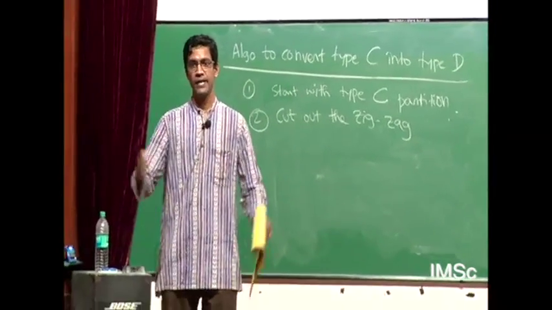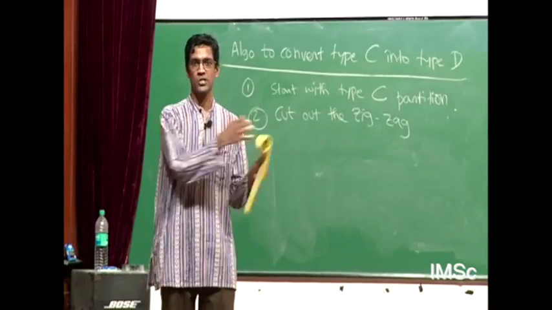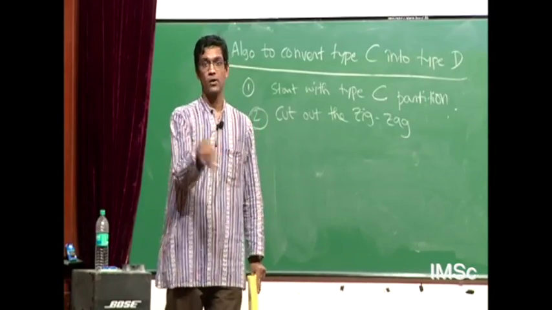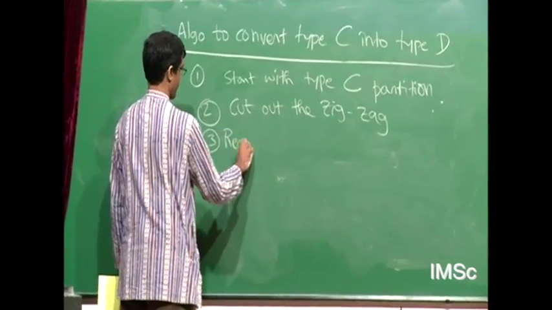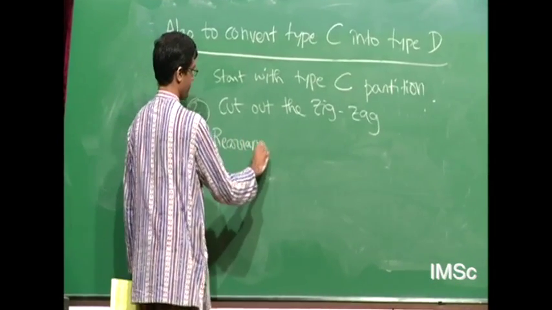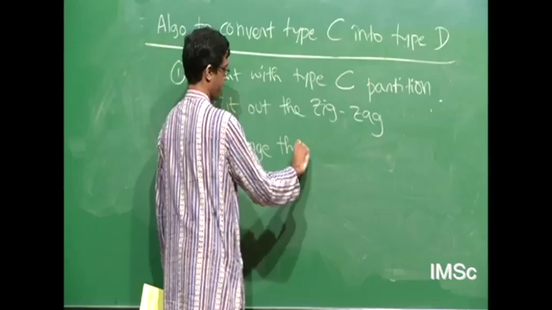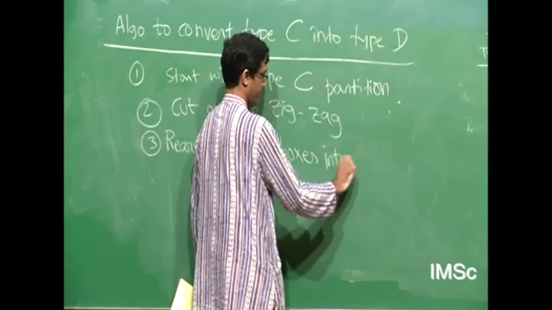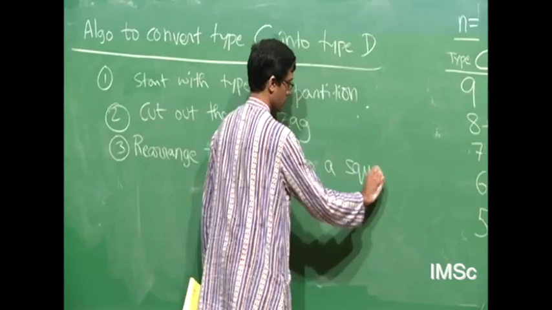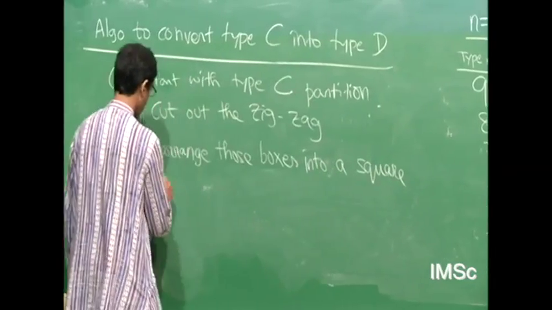H square. Rearrange it into a square: take those boxes out and form a square of side H, and keep the remaining as it is.